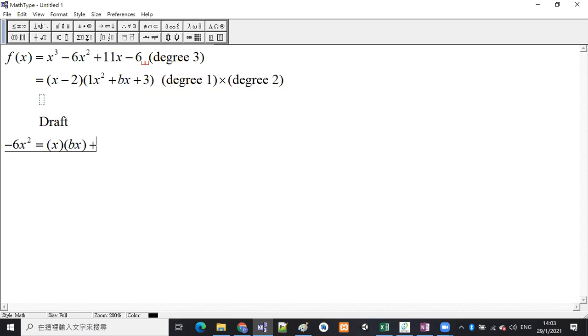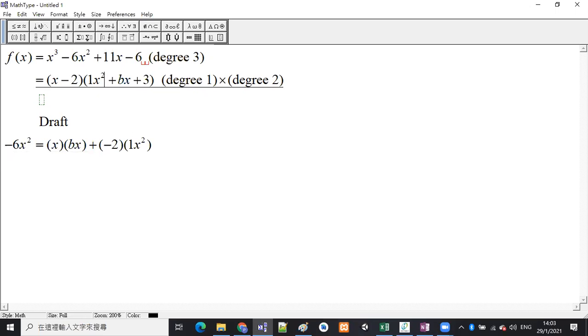But there is another possibility. If I choose the minus 2 from the first bracket, which term should I choose from the second bracket in order to get a square term? It should be 1x squared. So that should be negative 2 times 1x squared. Okay?